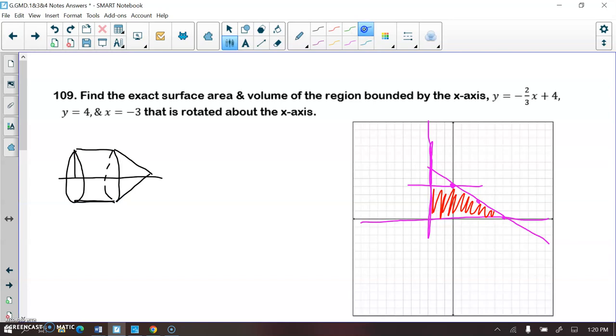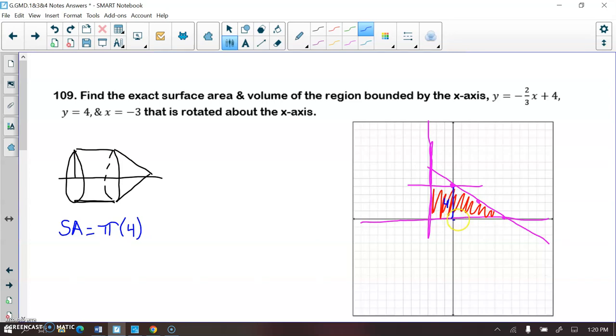So to find the surface area, I'm going to do the lateral area of the cone. The lateral area of the cone is pi RL, so pi times my radius, which is 1, 2, 3, 4, times my slant height. So my slant height of my cone, I'm going to find it using the Pythagorean theorem.